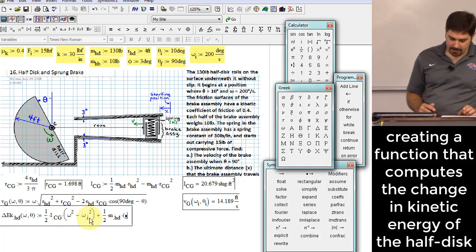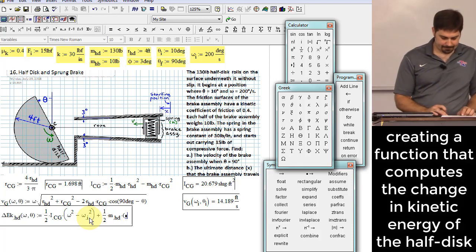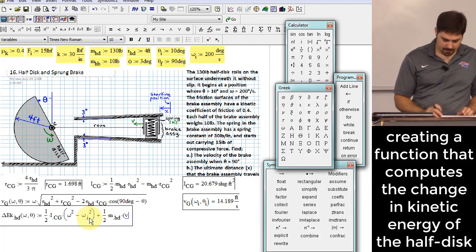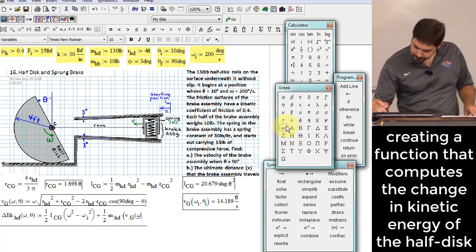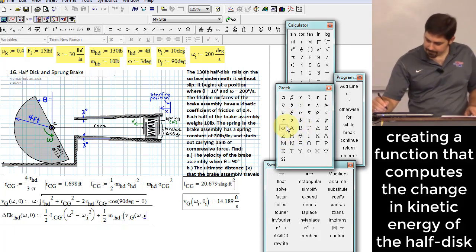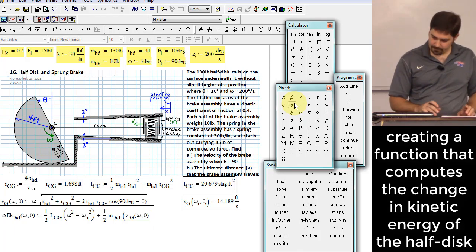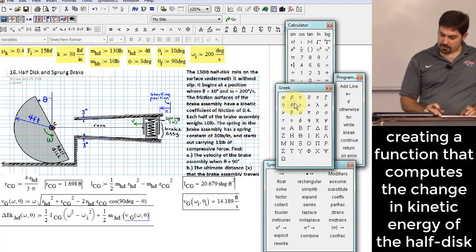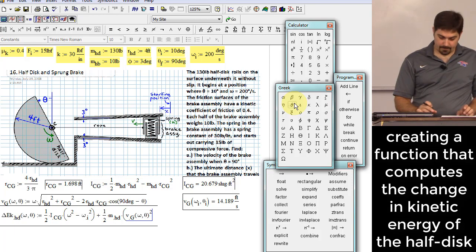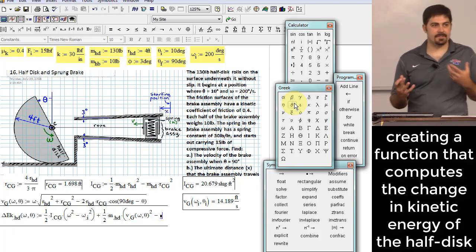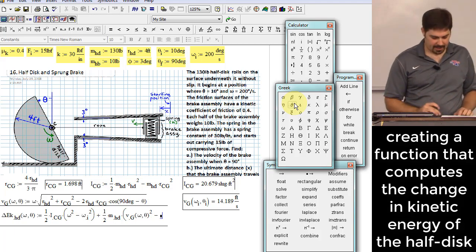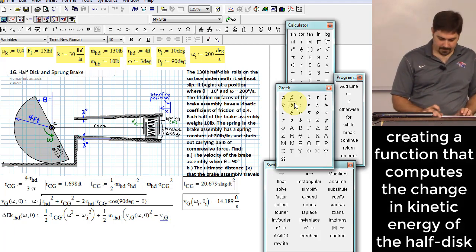I can put in here V sub g of omega and theta. That is all going to be squared, and I will subtract whatever my initial linear velocity was of the disk. So I subtract Vg.